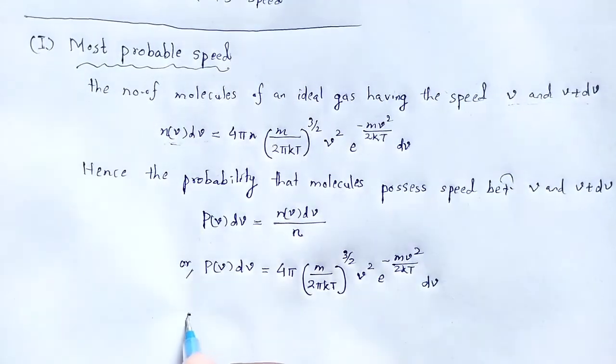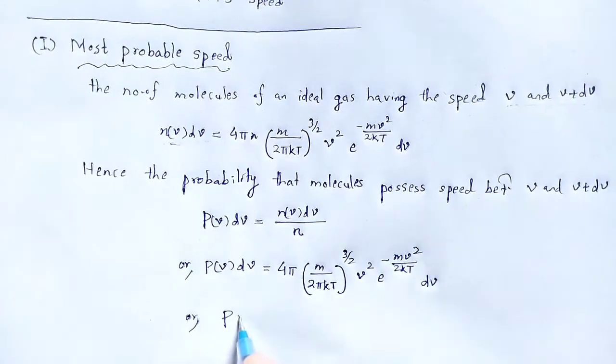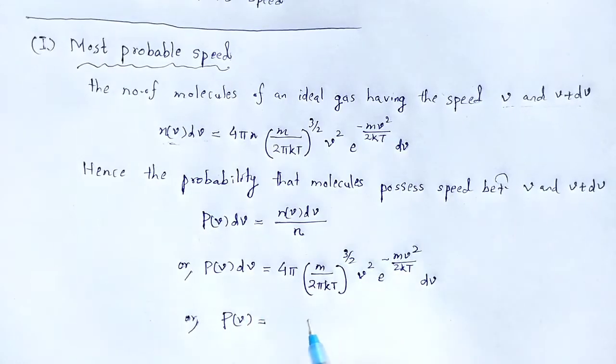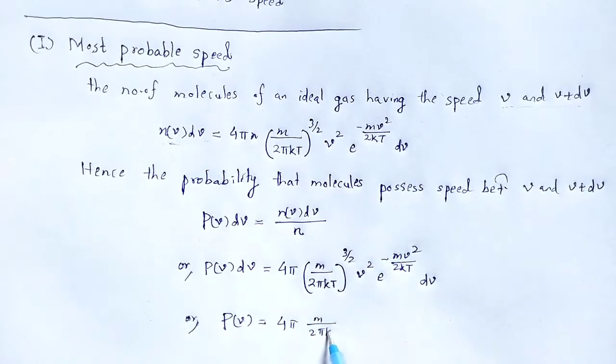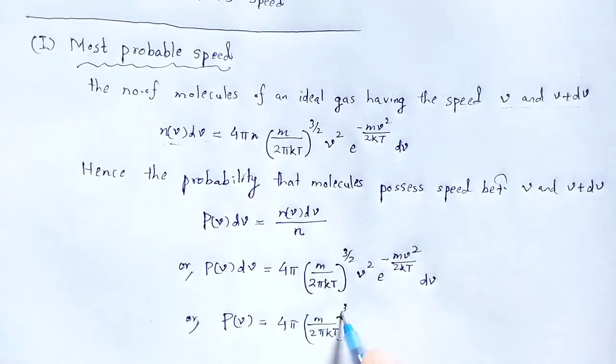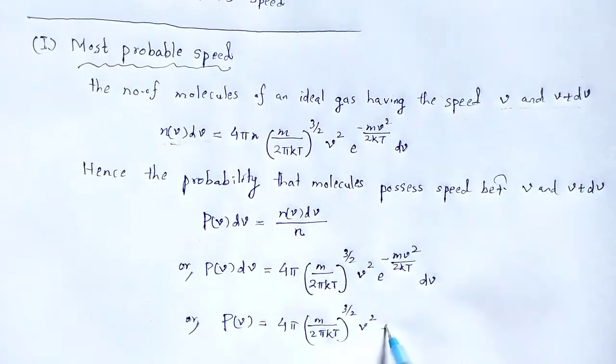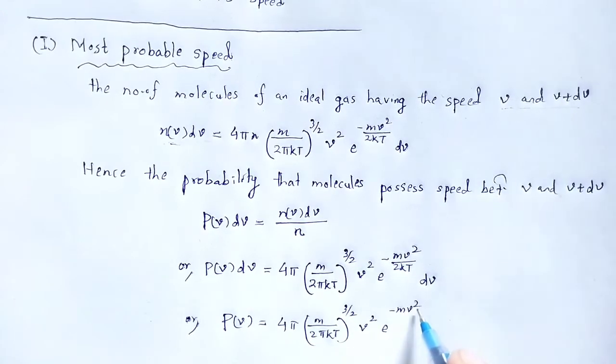Only P(v) will be, dv cancels out, 4 pi (m divided by 2 pi kT) to the power 3 by 2 v square e to the power minus mv square divided by 2kT.